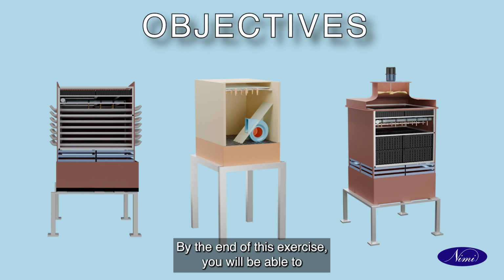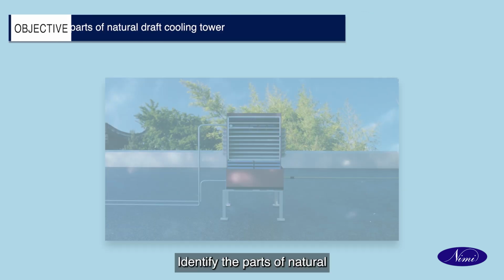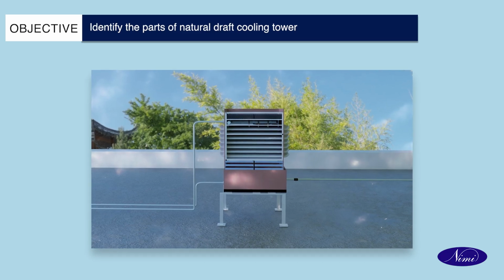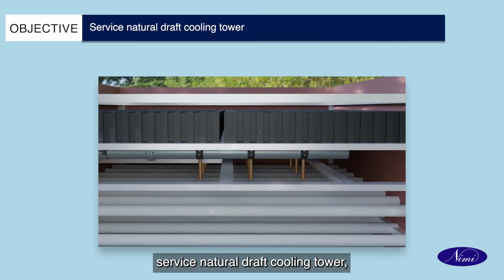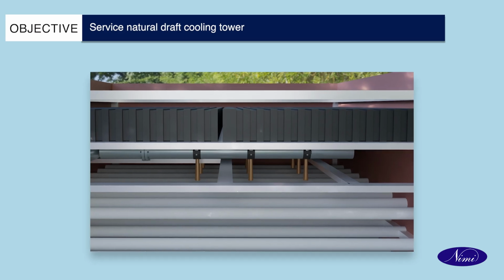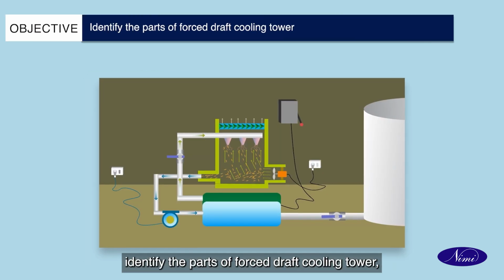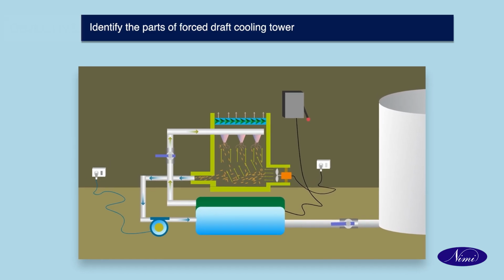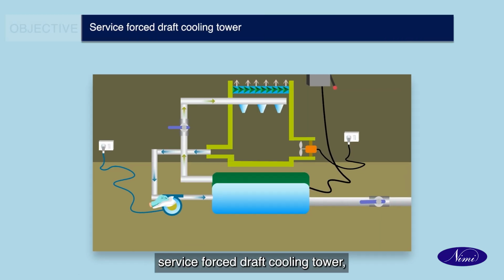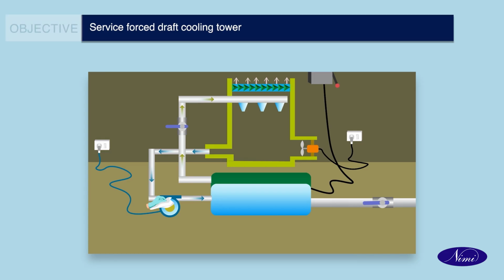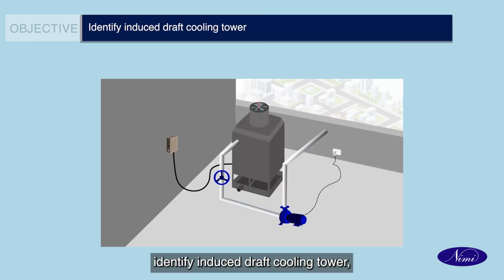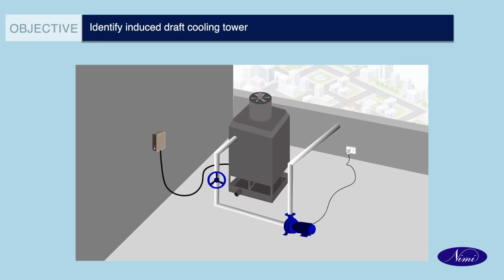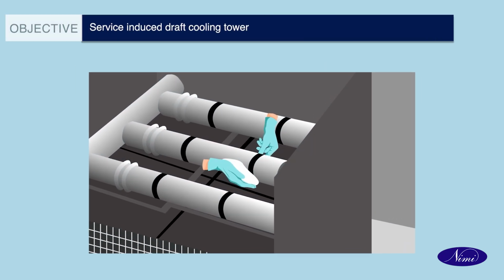By the end of this exercise, you will be able to identify the parts of natural draft cooling tower, service natural draft cooling tower, identify the parts of forced draft cooling tower, service forced draft cooling tower, identify induced draft cooling tower, service induced draft cooling tower.